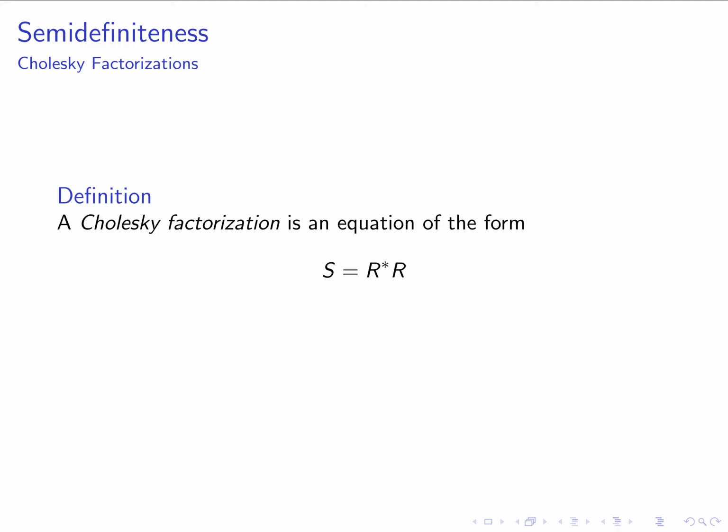Okay, so let's conclude this lecture by discussing another important type of factorization, which is the notion of a Cholesky factorization. So by definition, a Cholesky factorization is an equation that takes the following form: S equals R star times R, where S is a positive definite matrix, and R is an upper triangular matrix with a positive diagonal.